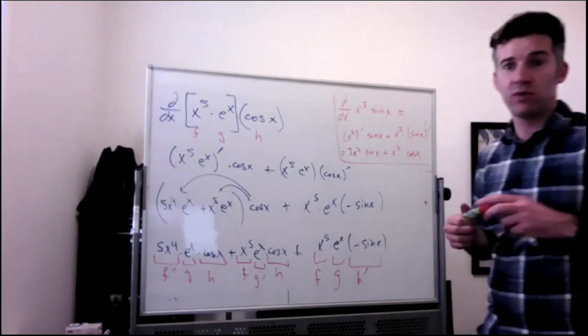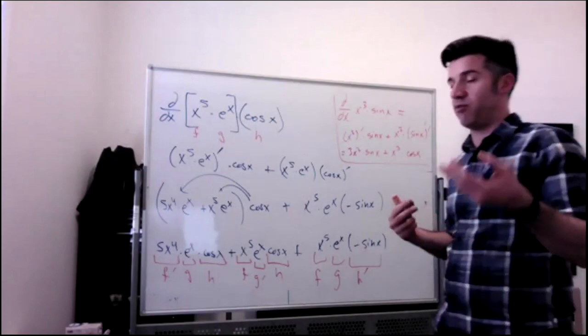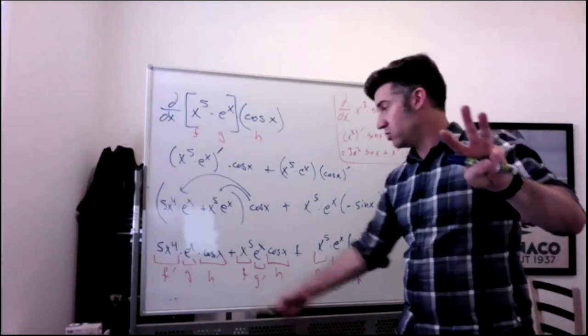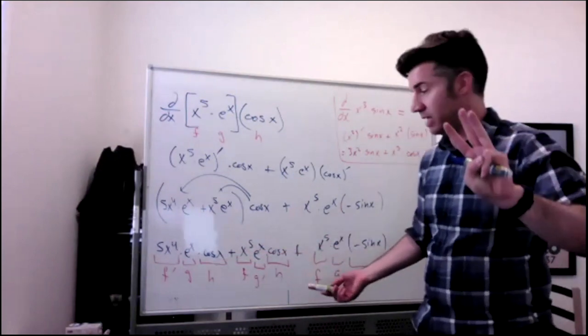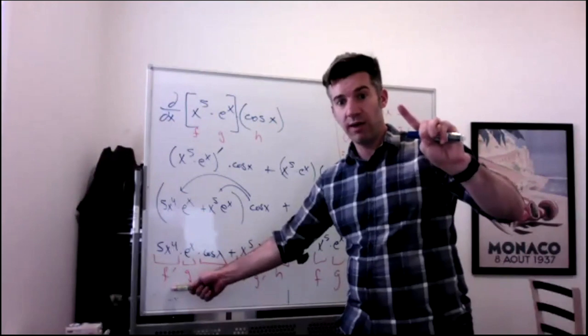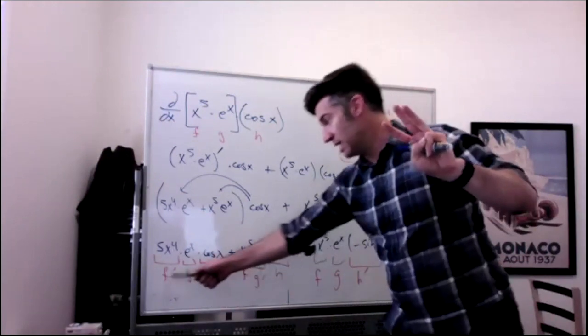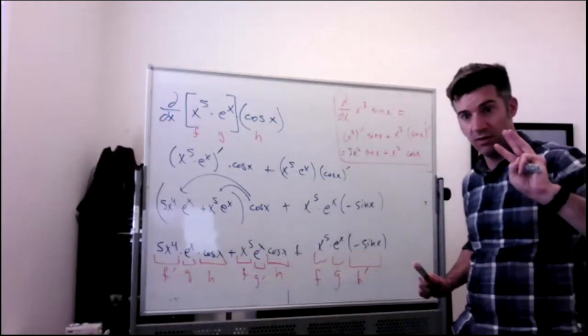So if you have to do the derivative of a product of three things, you get 1, 2, 3 pieces added together, and each piece has one derivative and the rest not derivatives. And you have to get each of the different derivatives.